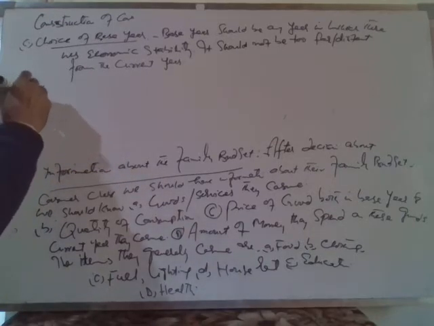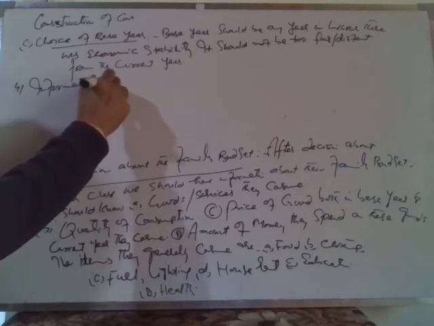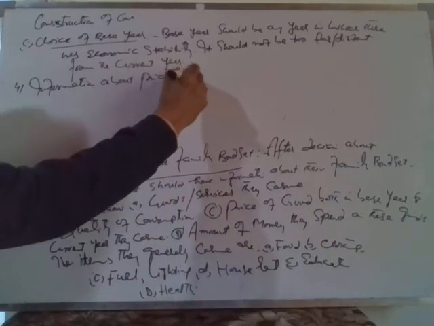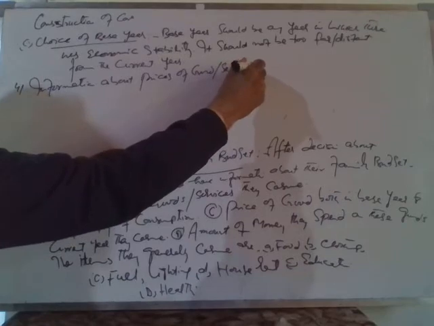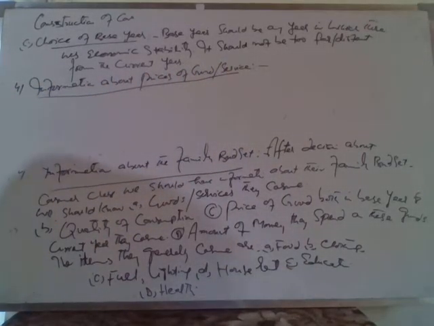Number fourth is information about prices. We have already discussed it. Information about prices of goods or services which the consumers purchase. That is, the retail price of selected goods or commodities should be collected.